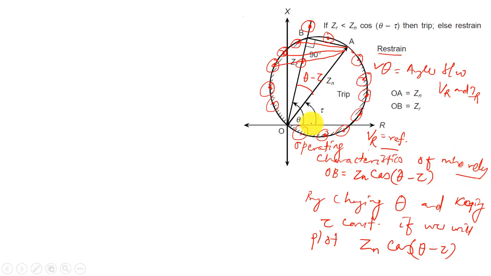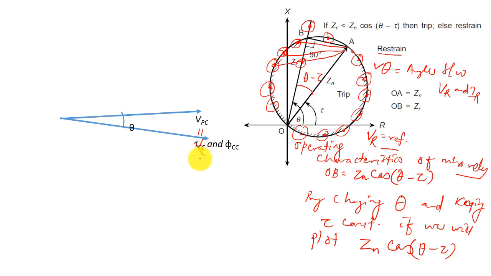Now we can also check the directional property here. This is your VPC, which is equal to VR, the voltage seen by the relay. This is ICC, which is nothing but IR, the current seen by the relay, making an angle of theta.